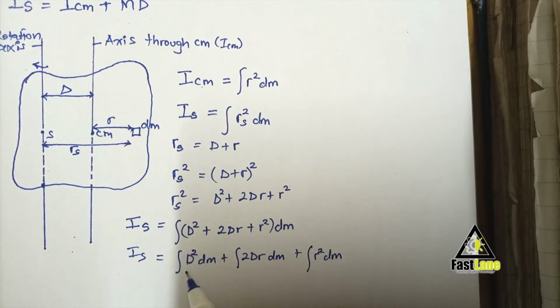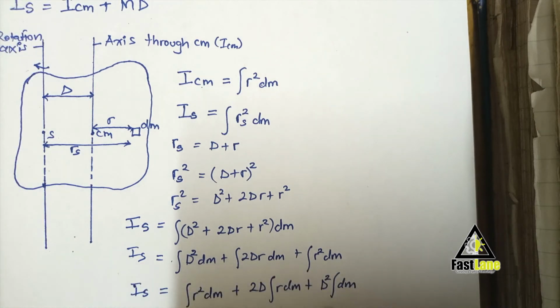Recall we have the integral of d squared dm plus 2dr dm plus r squared dm. By rearranging and pulling the constants out of the integral, we have our I_s being the integral of r squared dm plus 2d times the integral of r dm, since d is the constant distance between the two axes, plus d squared times the integral of dm.